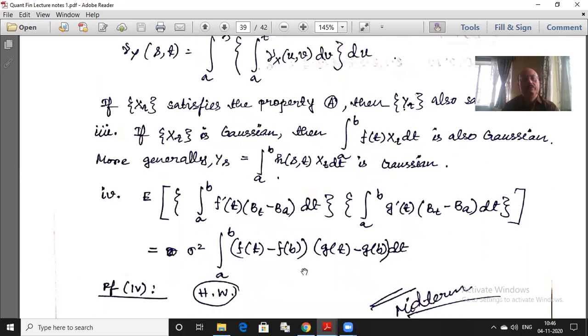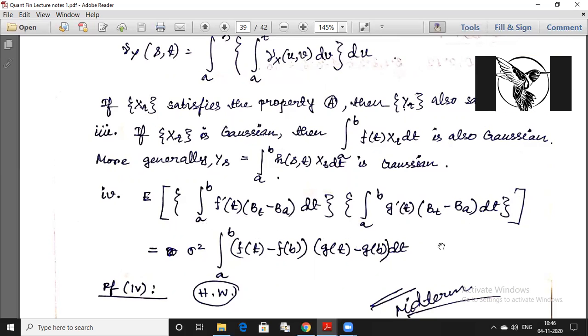And the fourth property is a slightly more mechanically calculation intensive property. This would be very useful for covariance type of calculations. That is, the expectation of this particular integral, integral a to b of f'(t) (B(t) minus B(a)) dt and integral a to b of g'(t) (B(t) minus B(a)) dt.